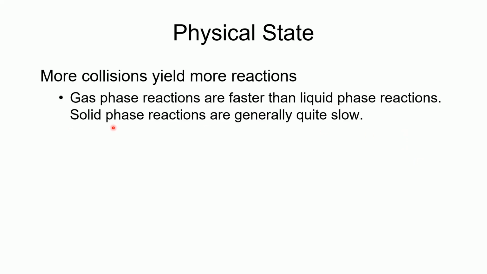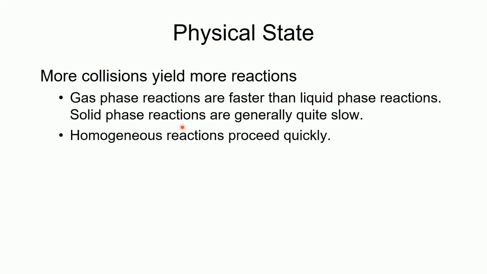Solid phase reactions go very slowly because the molecules aren't really moving around very much, so they have trouble running into other molecules. Now, certainly they run into the adjacent molecules, but in order for it to react with something else, we would need to move those molecules around. So we'll find that almost always gas phase reactions go faster than liquid, and liquid goes much, much faster than solid.